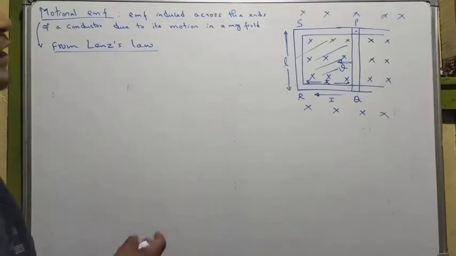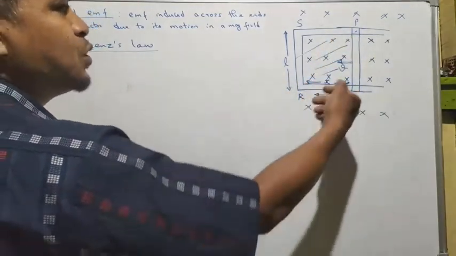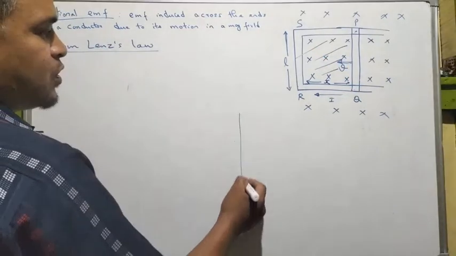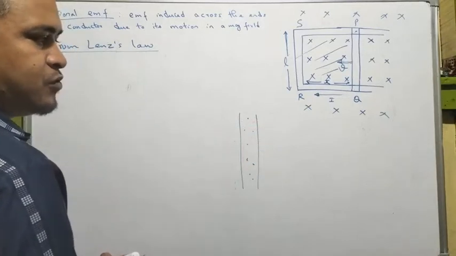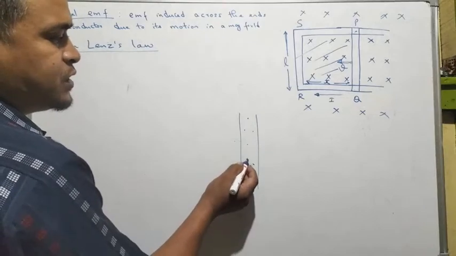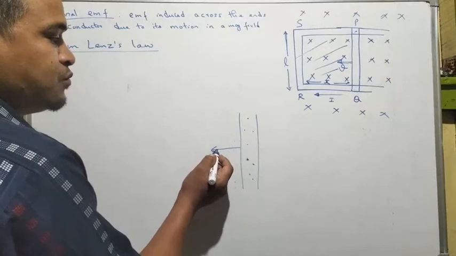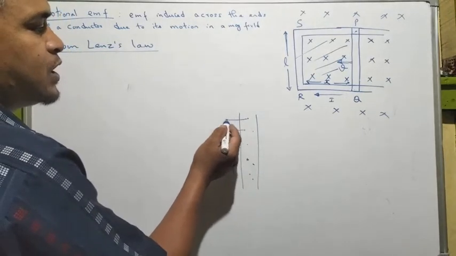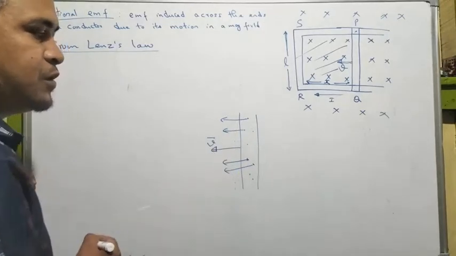For that, let us again consider this conductor PQ which is movable. As you know, a conductor contains a large number of free electrons. When the conductor is stationary, these free electrons also are stationary. And if the conductor moves, then the free electrons also move in the direction of motion of the conductor.